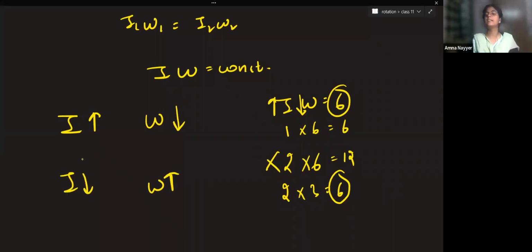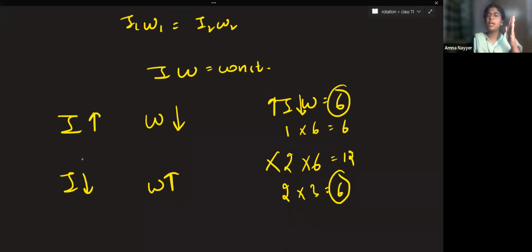Do you understand this part, class? This is the conservation of angular momentum. If moment of inertia increases, angular velocity decreases in order to conserve angular momentum. If moment of inertia decreases, angular velocity increases. Angular momentum has to be conserved at any cost when external torque is not acting in your system.